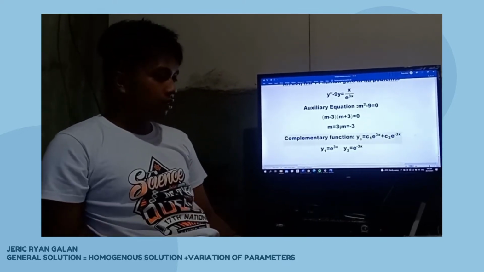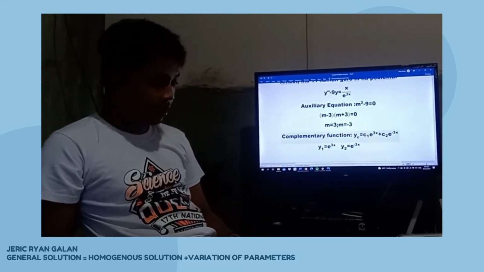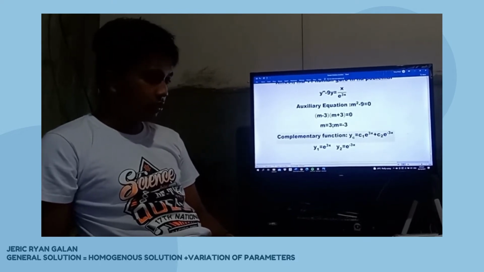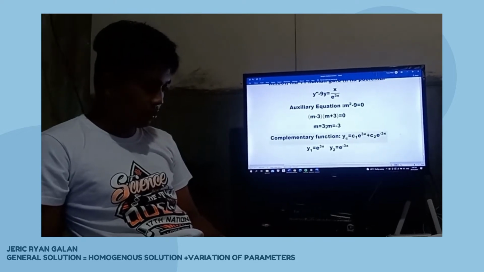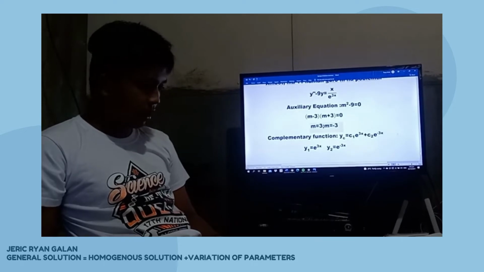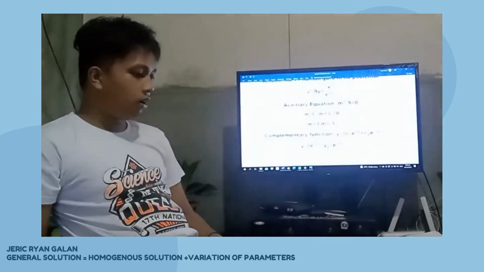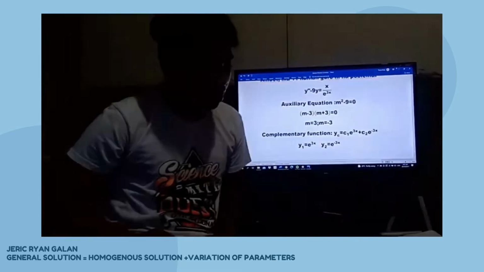So we will use this for our complementary function, y sub c equals c sub 1 e raised to 3x. The 3 for m is positive. Plus c sub 2 e, for the negative 3, you substitute negative 3x. So you get y sub 1 equals e raised to 3x.